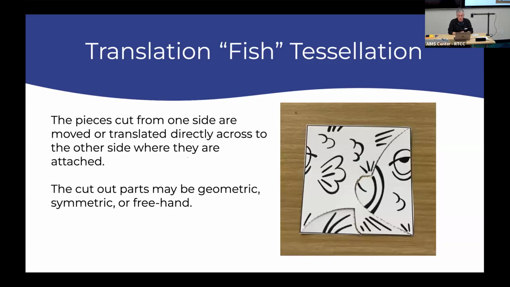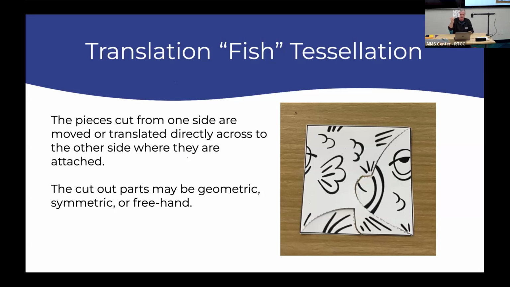So you have in your pack what we call a fish tessellation, and it's a large sheet, and you'll find a square. I guess I've given it away. It is a fish, or will look like a fish when we're done, but it's a square that should look like this.